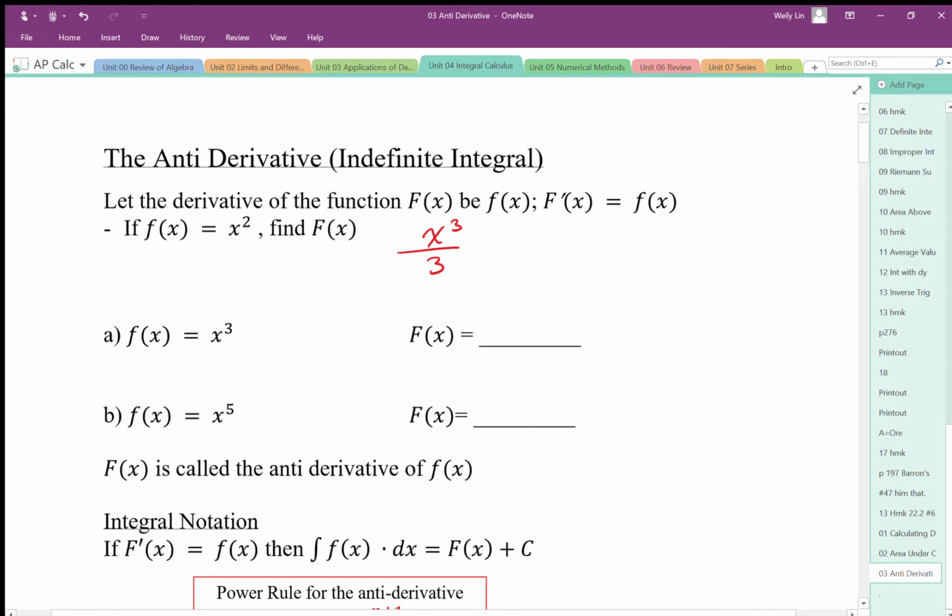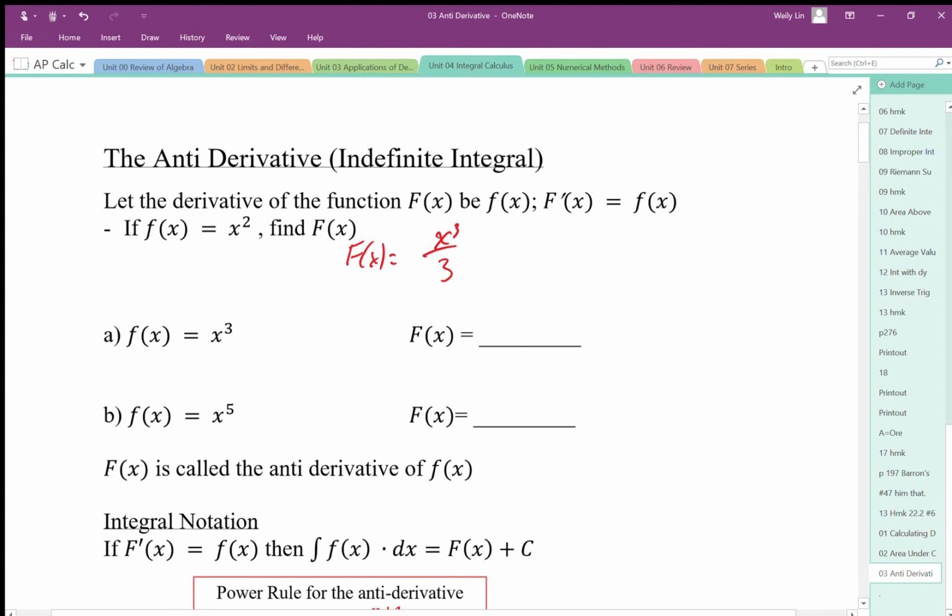Now, one other piece we have to be considerate of is this big F could have been x cubed over 3, and it would have given us x squared, but it could have been x cubed over 3 plus 3, or x cubed over 3 plus 18, or plus negative 59. We don't know, because this differentiates to 0, so this disappears.